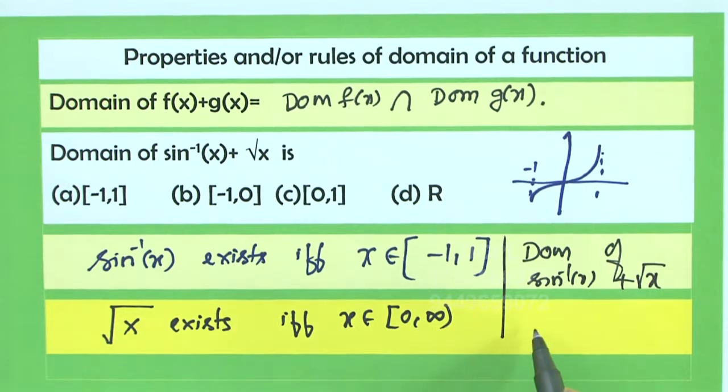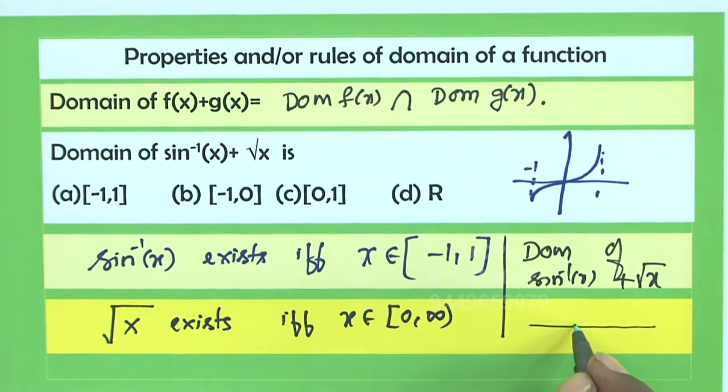If you observe carefully, let us write both on the number line. The first one is from minus 1 to plus 1, including both, whereas the second one starts from 0 and goes up to infinity. So, what is the intersection?